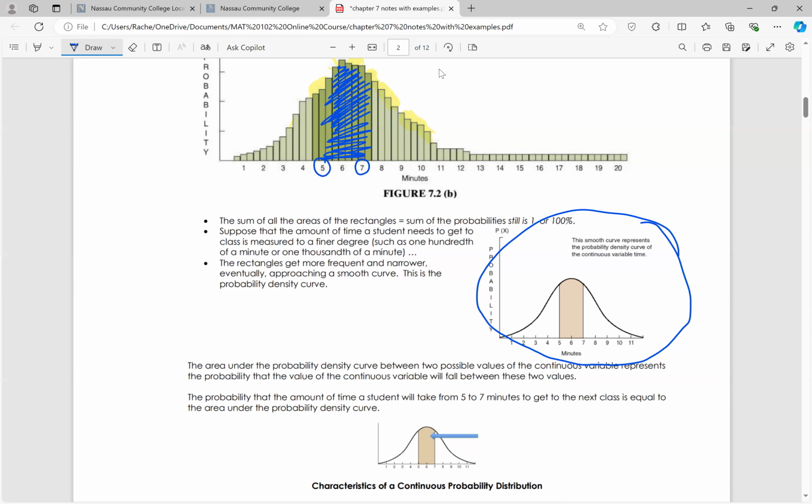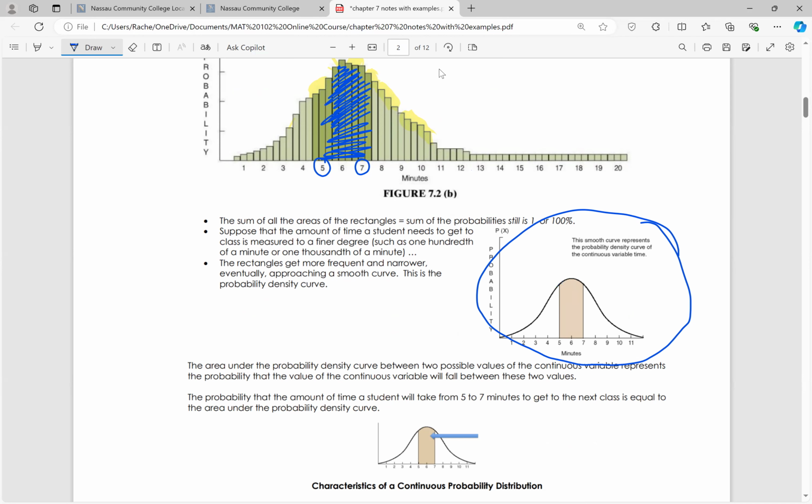And if we wanted to know the probability that it takes a student between 5 and 7 minutes to get to class, we would need to figure out what the shaded area is underneath this smooth density curve. But how do we do that? Because these aren't rectangles. This shape that I just shaded in blue is not a rectangle. You see how it almost is like a rectangle, but then it has a little bit of extra area on top.